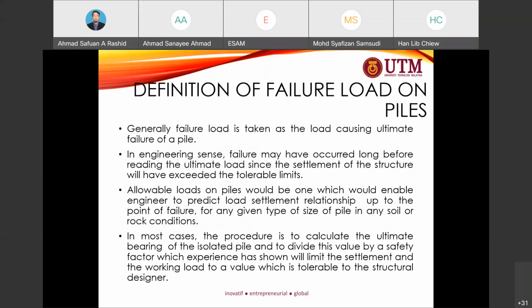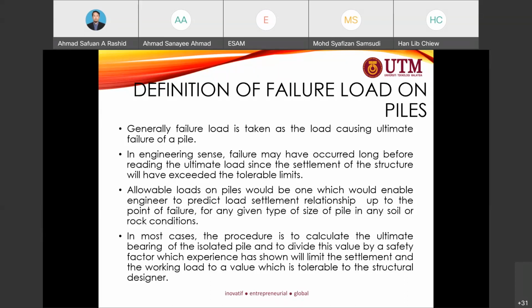So the tolerable limit, which I have mentioned previously, is 12.5 millimeter for the working load and 38 millimeter for the twice working loads. So although it can cater up to a certain load, we need to make sure that the pile does not exceed the tolerable limit.